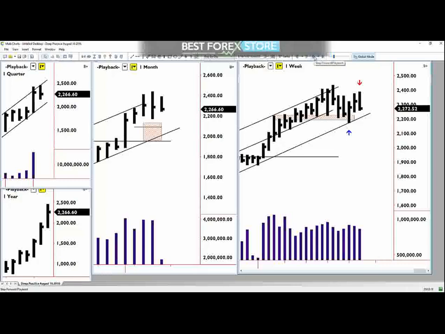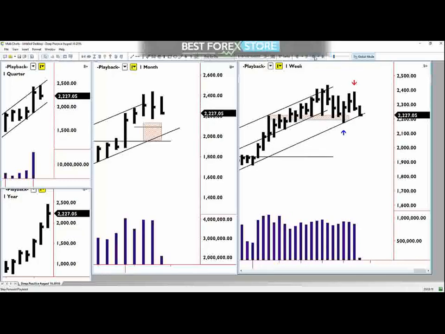Okay, so this is the next week. We're short. We come down, we come down, we come down. And then what happens? We pop up. Yep, you can see it, right? You can see it happening here. Pops right back up again.